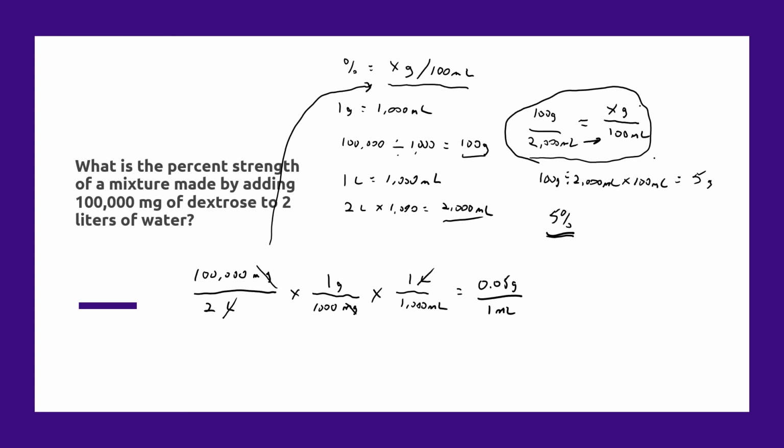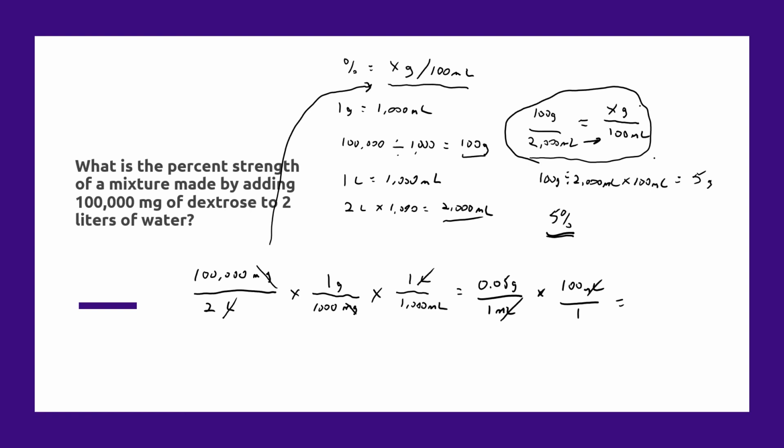But remember, we're dealing with how many grams per 100 mL. To cancel this out, we're just going to multiply this by 100 mL over 1. We're not going to put any unit here because we're trying to cancel out this 1 mL. When we do that, the milliliters cancel out, and we're left with how many grams there are per 100 mL.